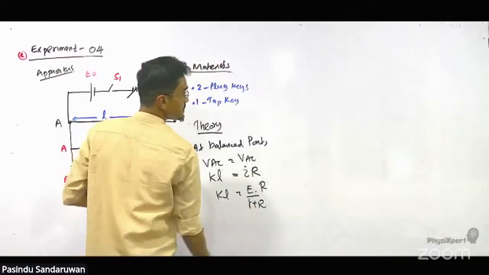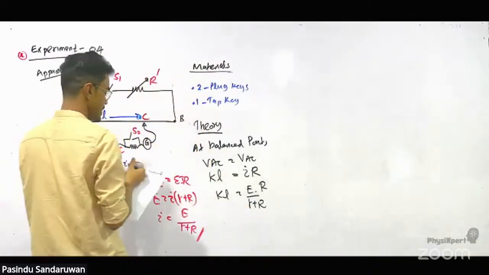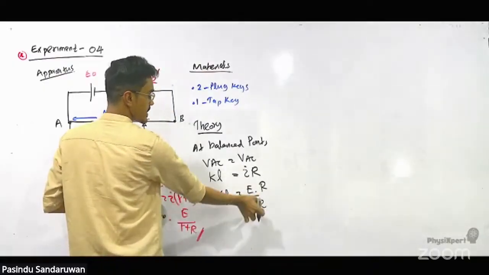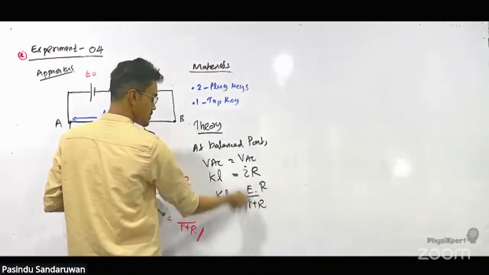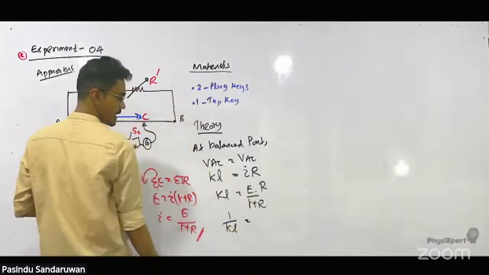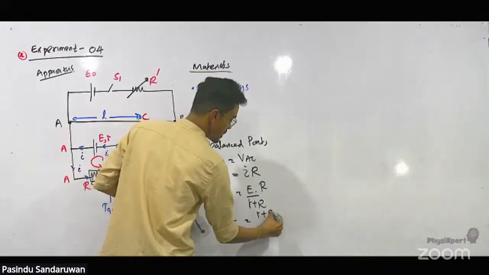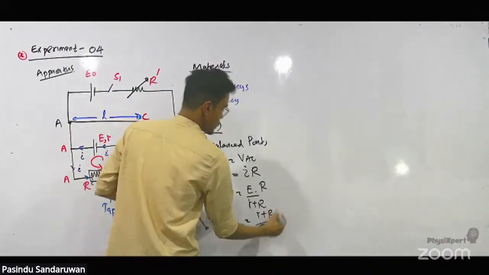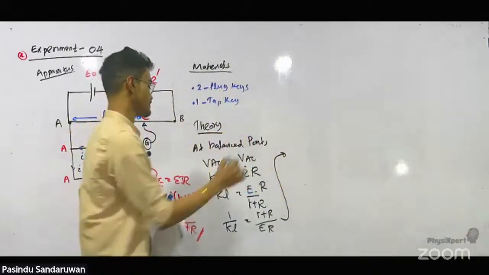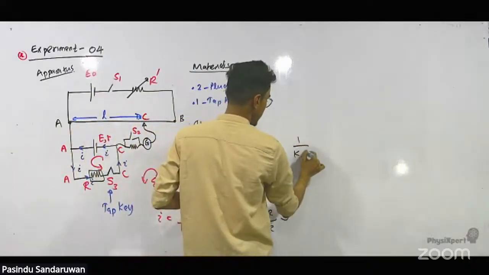But we need a linear variation. To get a linear variation, R appears on both sides. Taking the inverse of both sides, 1 over KL equals (R plus r) over ER. Now you can divide these two terms separately. This side is still 1 over KL.